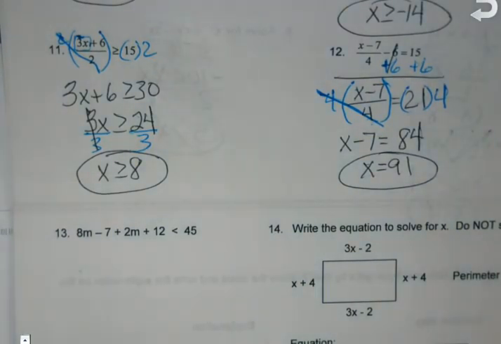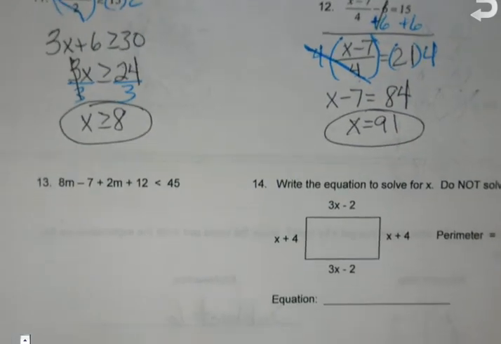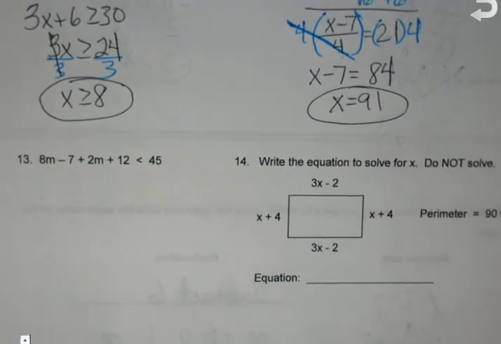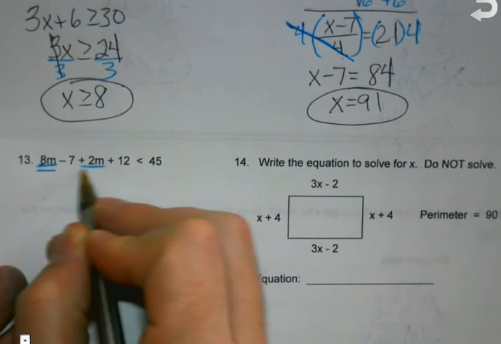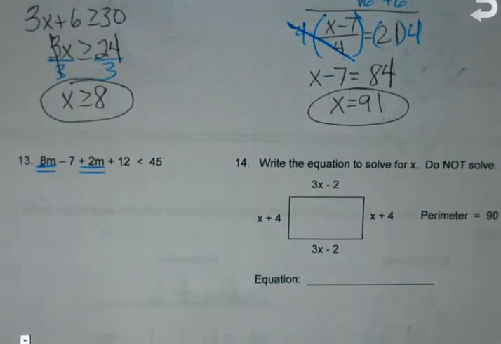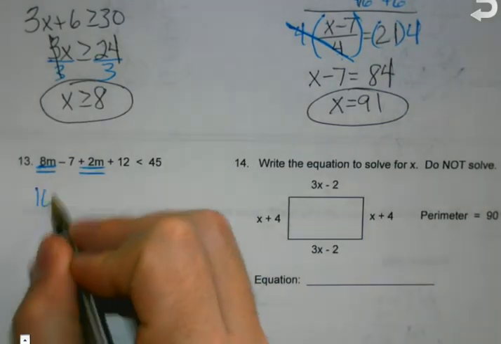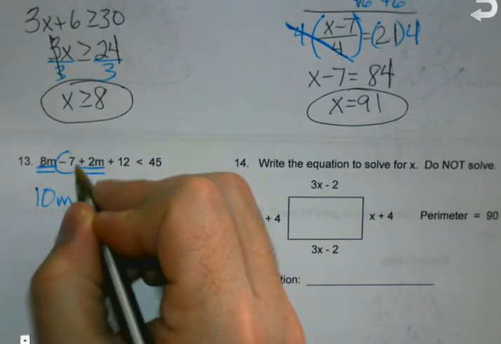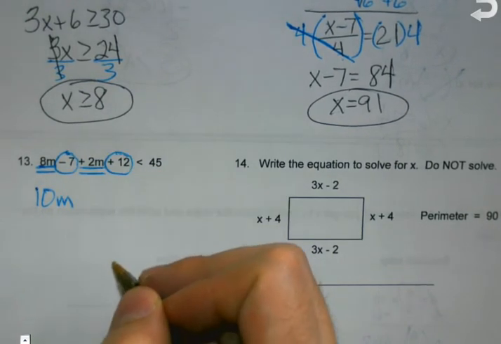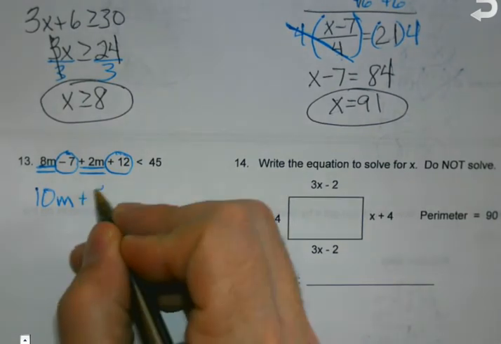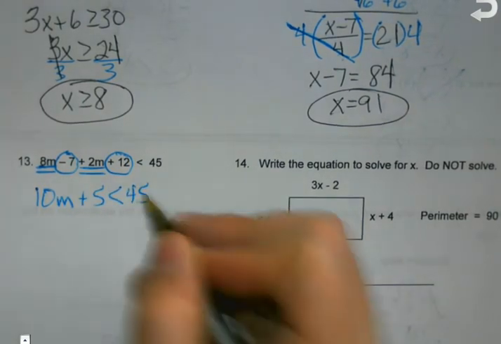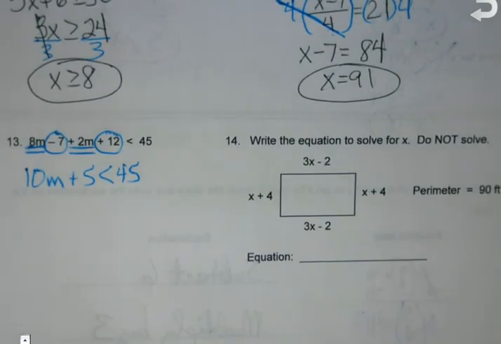Here's the other one that tends to be a killer. Since they're on the same side of the inequality, I've got to combine like terms. And I have to watch my signs. Just because I'm combining like terms doesn't mean we're getting bigger in value every time. 8m and 2m is 10m. Negative 7 and 12, what's that going to get me? 5. If I survive that first part with the combining of like terms, then I'm good.